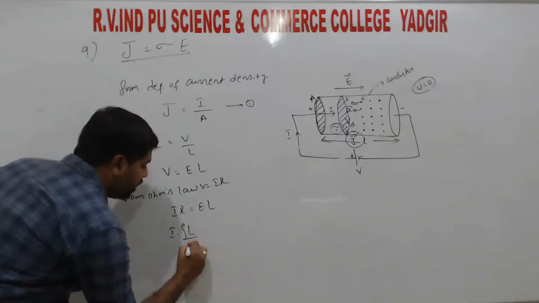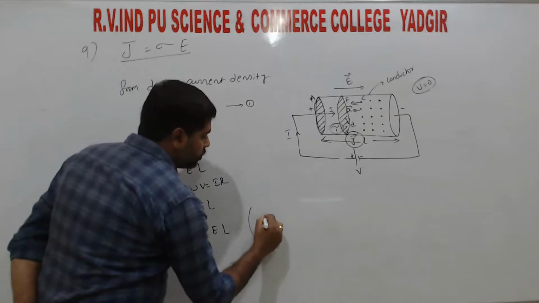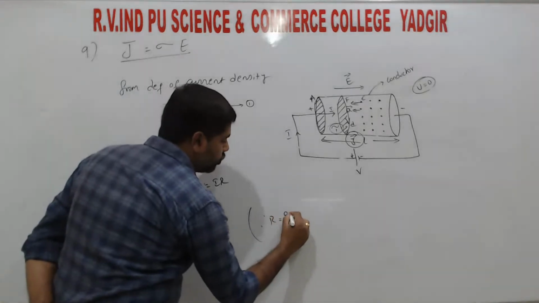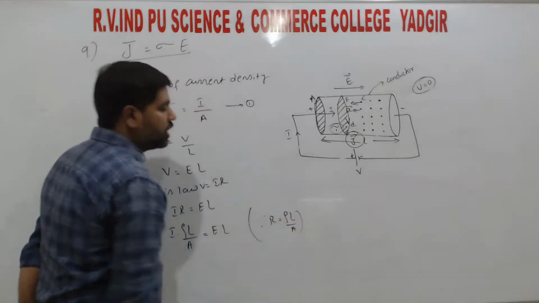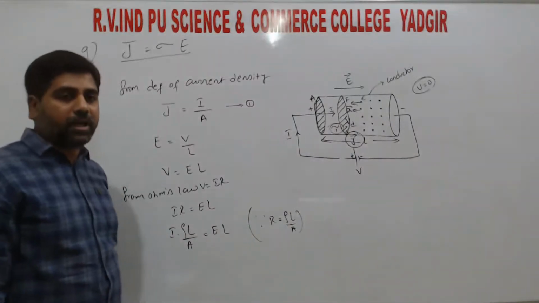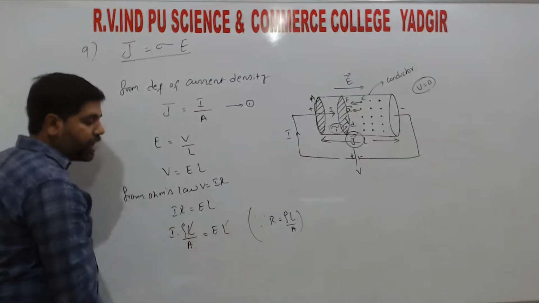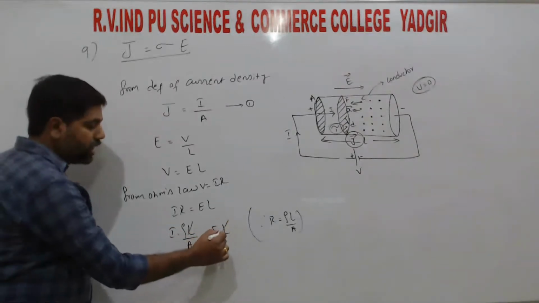So rho L divided by A is equal to E into L, because R is equal to rho L by A, the relation between the resistance and resistivity, right? In the LHS we have L, in the RHS also we have L, so L gets cancelled.